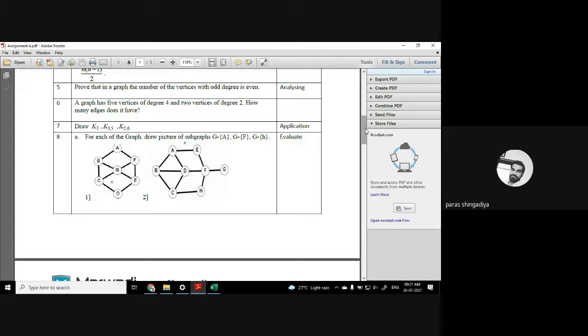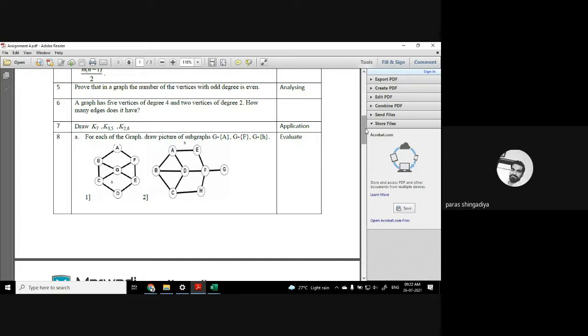That is 6. So by using this condition, you can verify the graph. Is any edge missing or not? You just check the degree only. If each and every vertex has degree n minus 1, then it is a complete graph. Okay, that is the graph of K7.